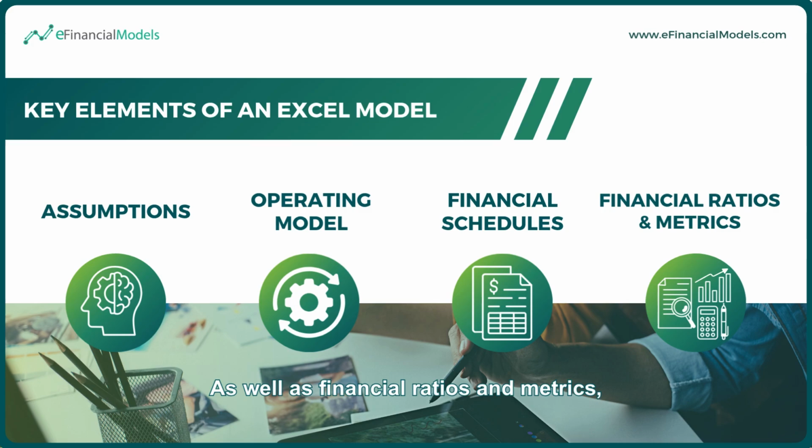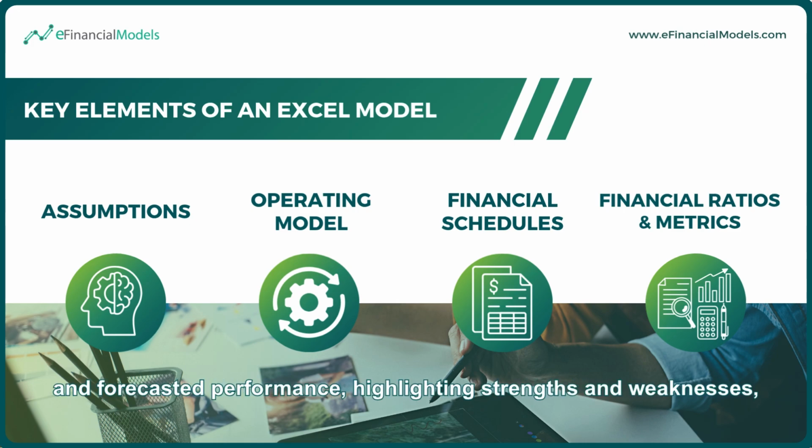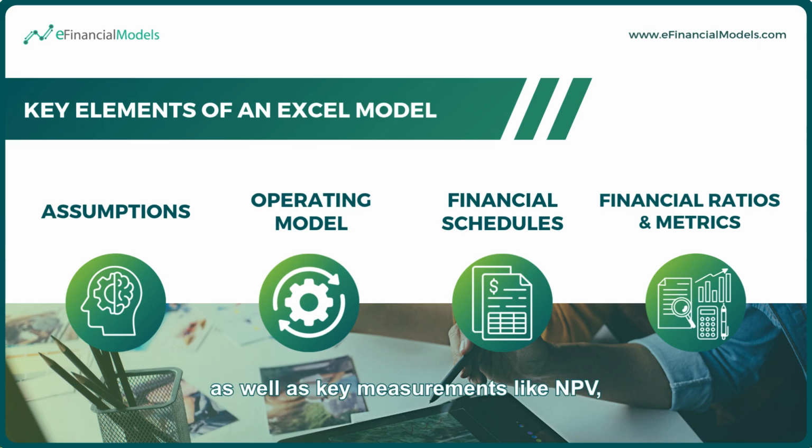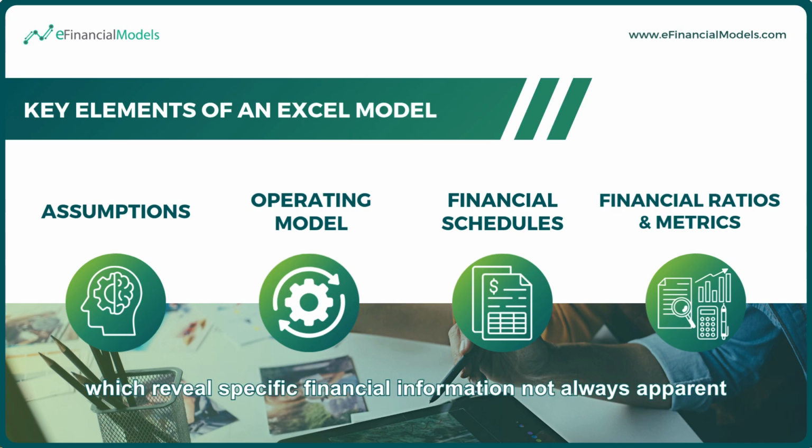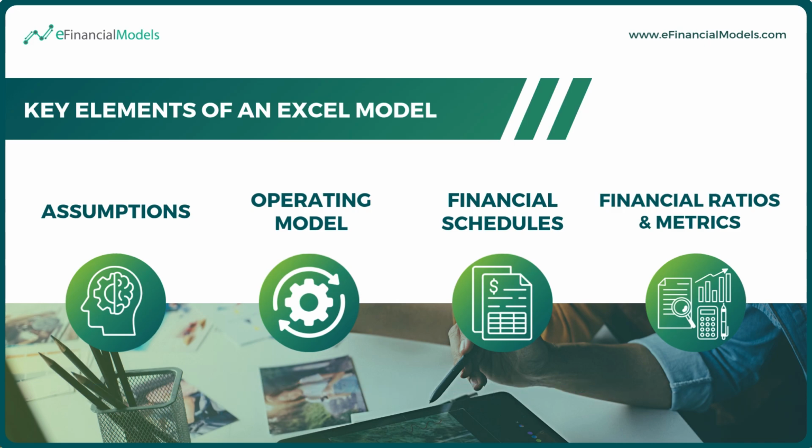As well as financial ratios and metrics, the model must include calculations like leverage, liquidity, profitability, and efficiency ratios used to analyze both historical and forecasted performance, highlighting strengths and weaknesses, as well as key measurements like NPV, IRR, and payback period, which reveal specific financial information not always apparent in the main statements.